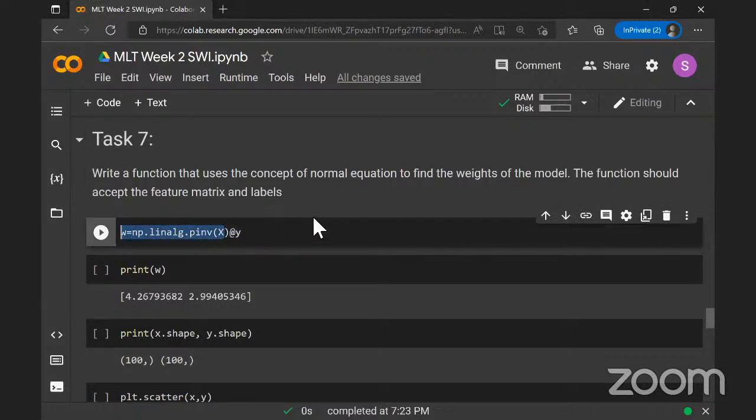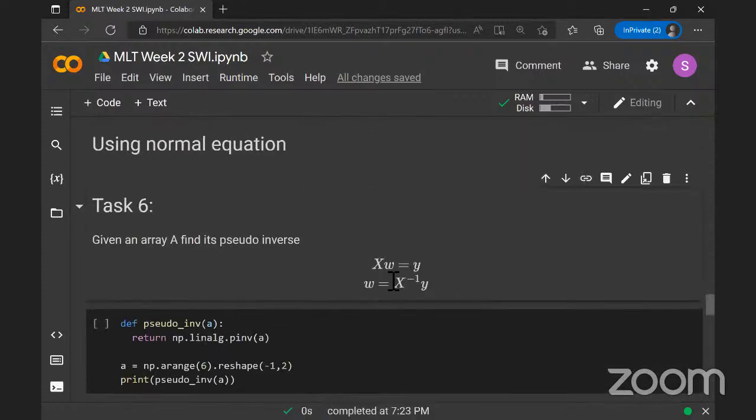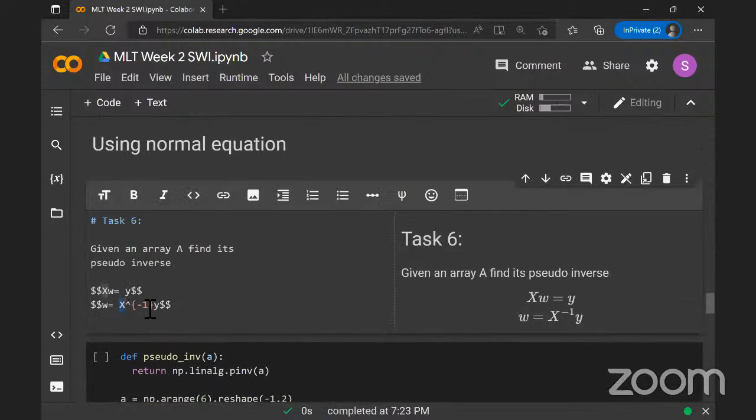Pseudo-inverse. So what is pseudo-inverse basically? Now we know that X is not a square matrix. So we do a mathematical trick to solve this kind of equation.